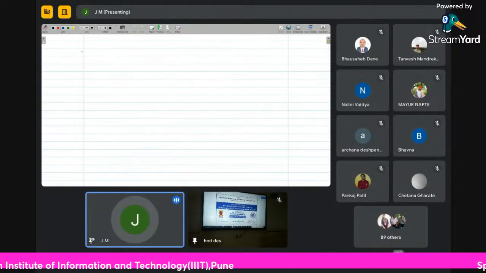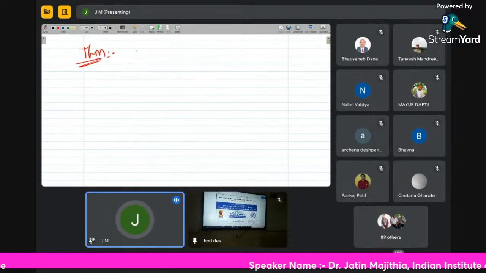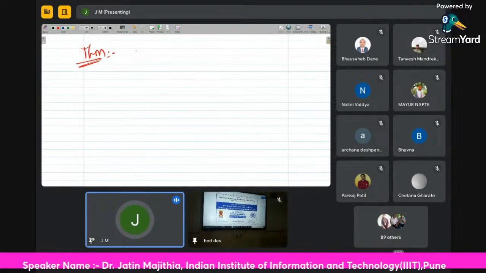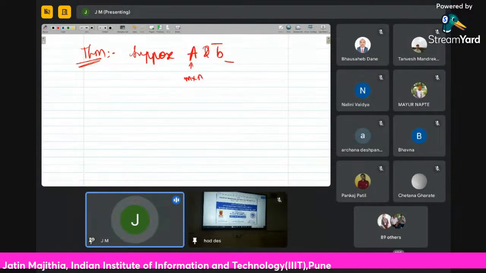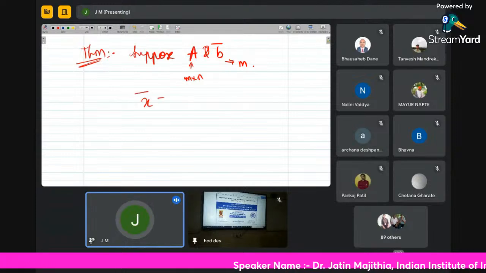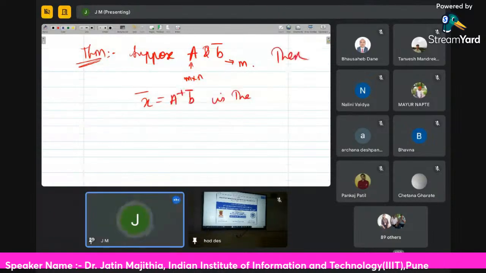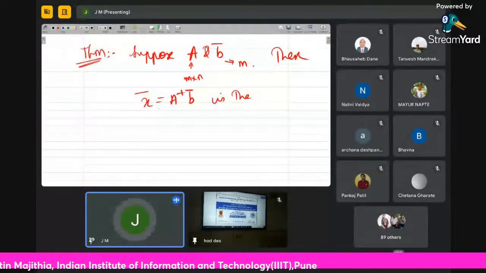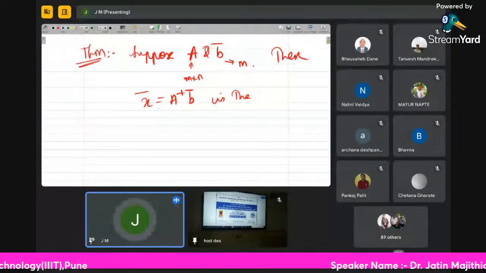The answer to this is very simple. Suppose A and B bar are a matrix and a vector. A is a matrix of order m by n. B is a vector of order m. Then X bar equal to A pseudo inverse B bar is the least square solution to which system of equations?